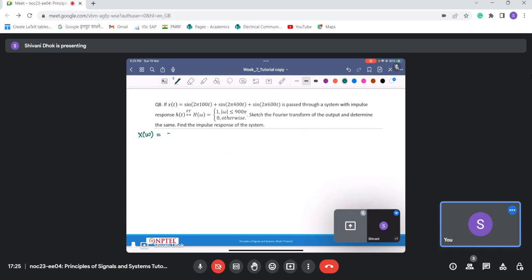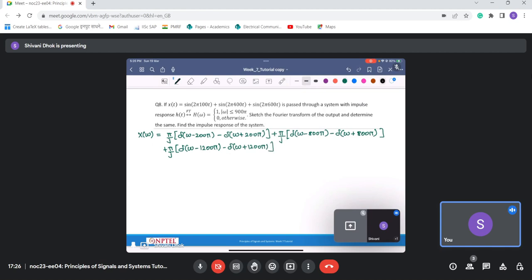X(ω) is simply π/j [δ(ω − 200π) − δ(ω + 200π)] plus π/j [δ(ω − 800π) − δ(ω + 800π)] plus π/j [δ(ω − 1200π) − δ(ω + 1200π)]. So this is what we are having here.